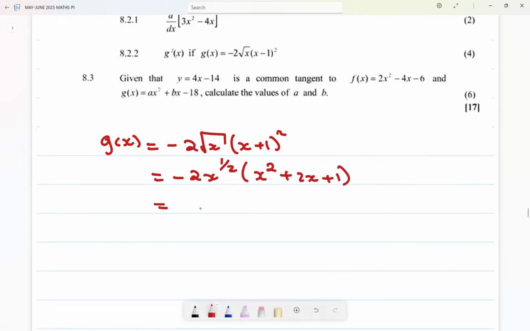When I multiply out, it's going to be negative 2 x to the power of half plus 2. Remember, when I multiply the same base, the exponents add. Half plus 2 is 5 divided by 2, because it's 2,5. And then minus 2 multiplied by 2, it is 4, and then half multiplied by 1 here, it is 3 divided by 2.